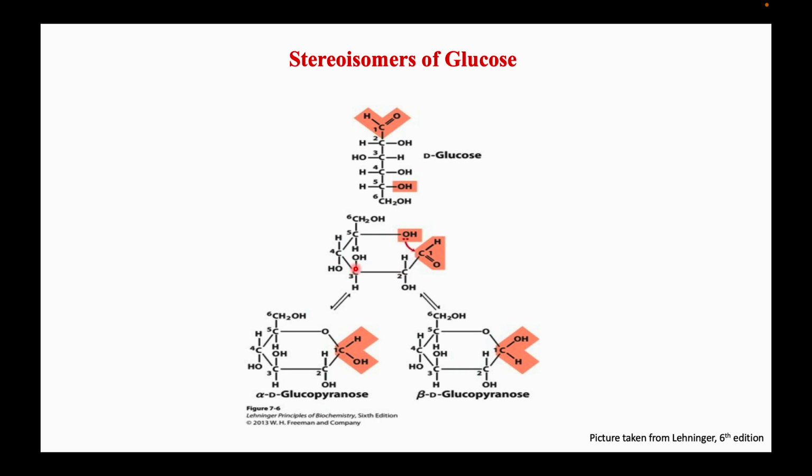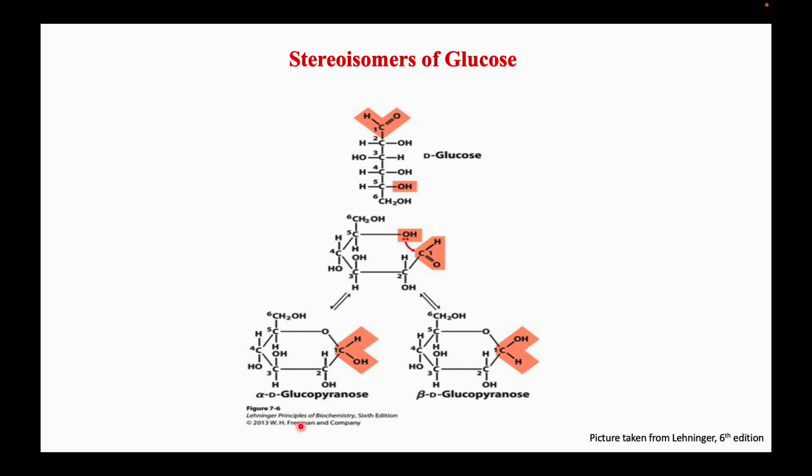And how is this cyclic form found? When the C5 OH attacks the C1 carbon, we have a cyclic structure, and we can have a pyranose. Glucose forms a 6-membered ring, so we have a pyranose.